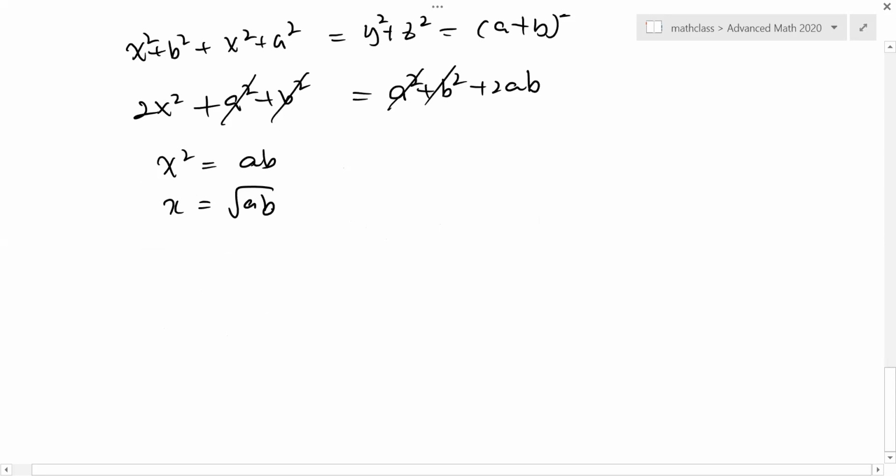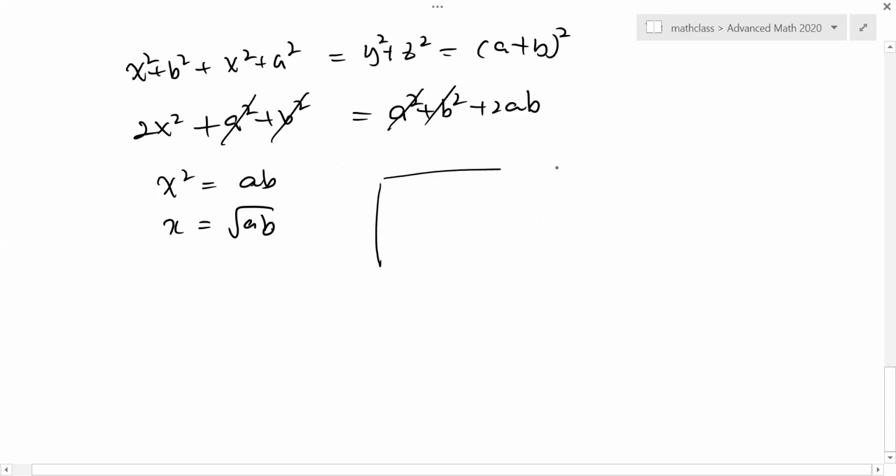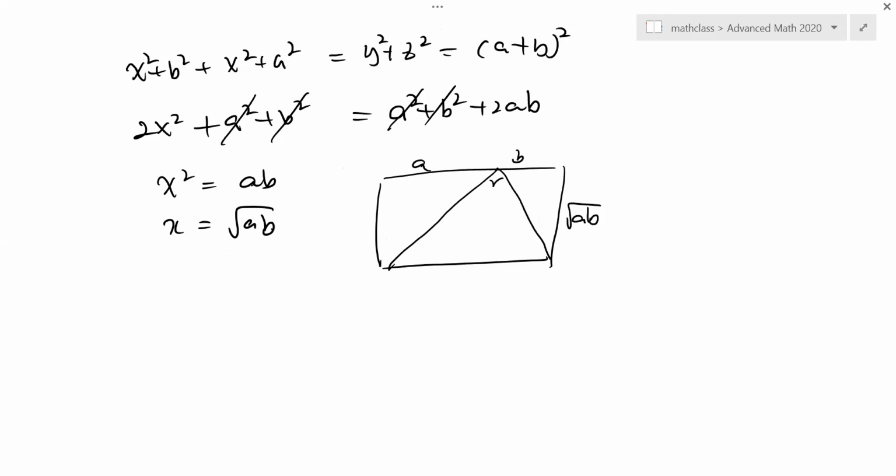If you have a rectangle, and this is a right triangle, and this is A and this is B, then this must be the square root of AB. It is interesting. The product AB gives you a side. I did not know that until I derived this formula.